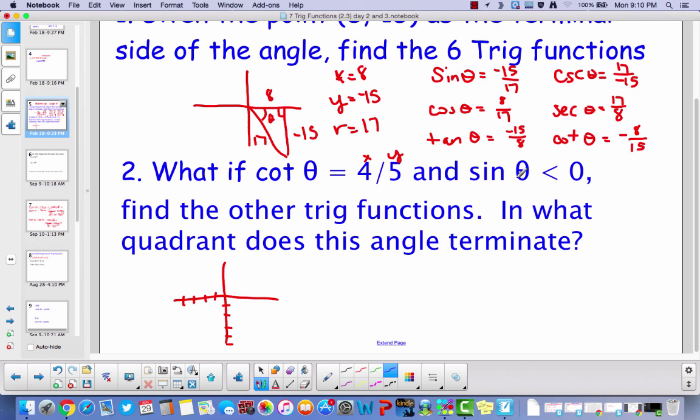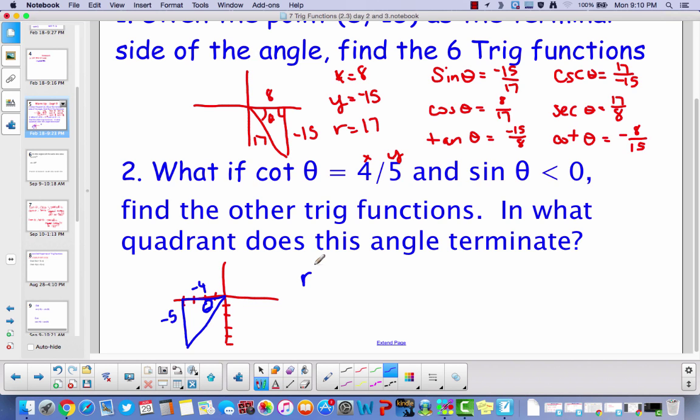Remember, cotangent is positive, but sine is negative. That tells me both of these have to be negative. Over negative 4, down negative 5. And then we have to find our r. Here's our theta.